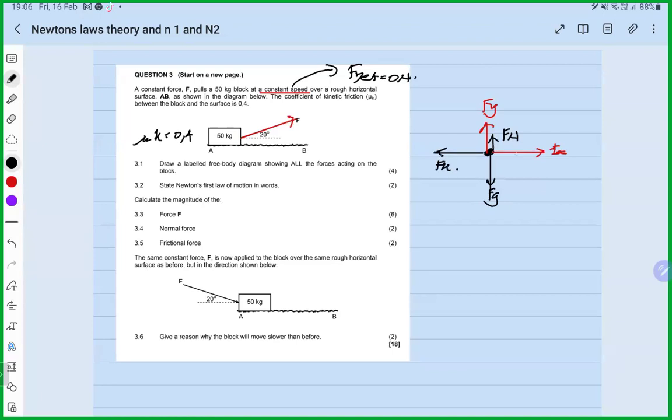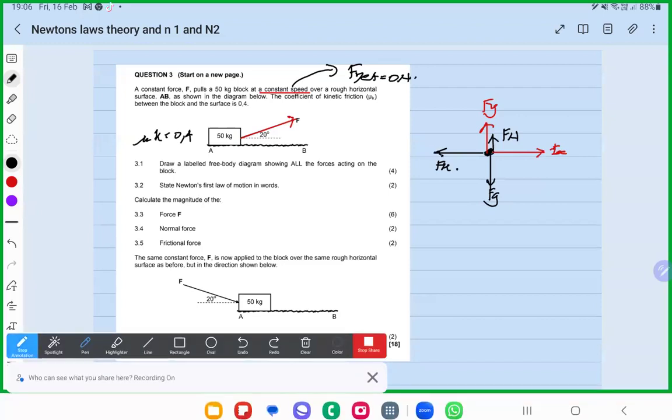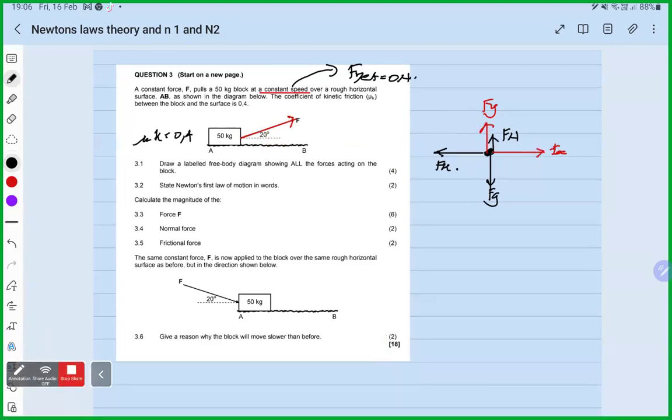Now, we've technically got 1, 2, 3, 4, 5 forces here, but they've given you 4 marks. And remember, the reason why it's got 4 marks is because we took the applied force and broke it up into components. So we ended up with 1 additional force when we actually break it up into components.